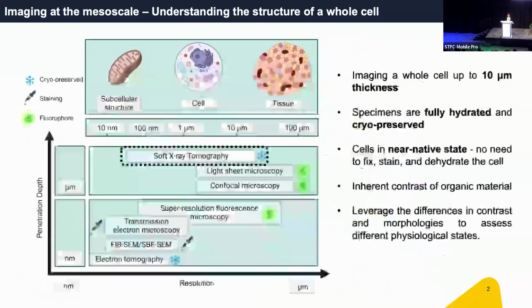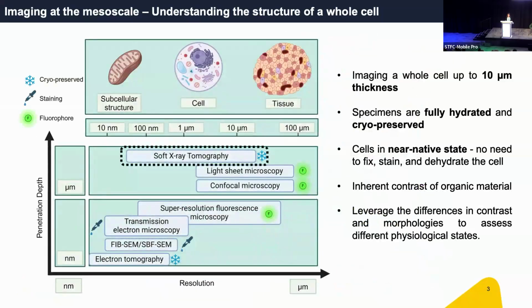And we decided to do this using soft X-ray tomography because soft X-ray tomography has some particular features that allow us to look at the integrity of the cells within a thickness that is around 10 micron. Therefore, we can explore the cells in a fully hydrated state, which is representative of the cell at its near native state.